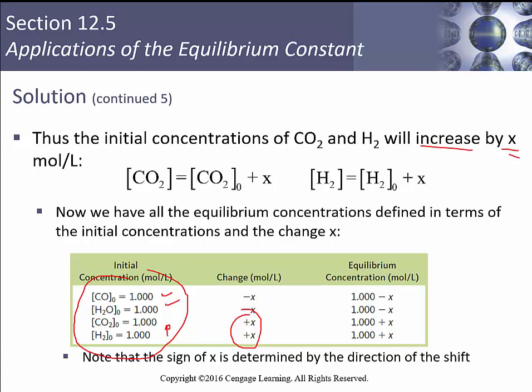So at equilibrium, all we're doing is just taking column A and then combining it with column B. Right? So at equilibrium, it's 1 minus X and 1 minus X for our 2 reactants. And for our 2 products, it's going to be what our initial concentration was, plus X. We're going to gain some CO2. We're going to gain some H2 gas.